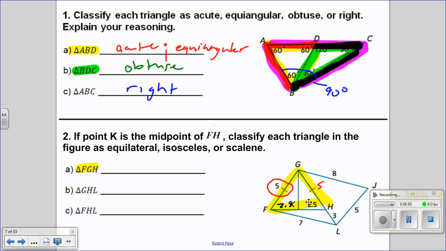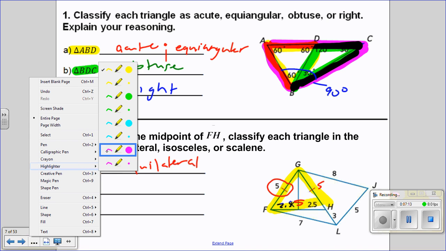And then FH is split into 2.5 and 2.5, which means in total it is also 5. So since all three sides have the same measure, this is an equilateral triangle. Again, we're only classifying it based off of the side lengths.